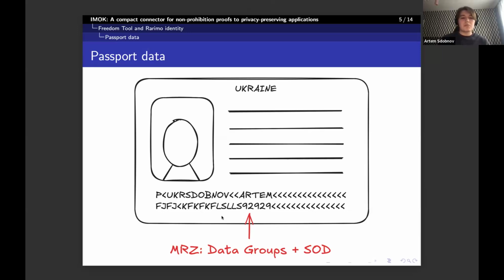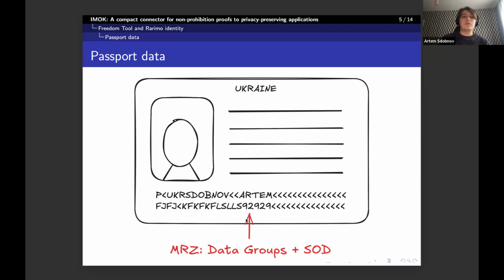Each biometric passport has some machine-readable zone, and you can scan it with your phone and receive data from the passport. Such data includes some data groups and the security document object.